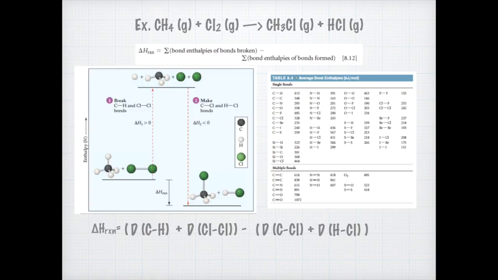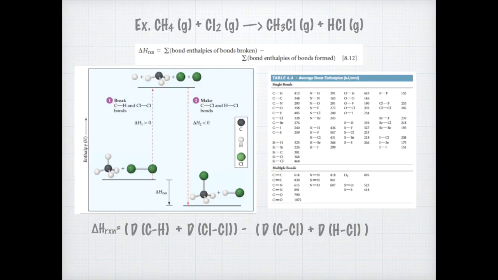So notice, guys, the hardest part here is figuring out which bonds are being broken and which ones are being formed. Once you figure that out, all you have to do is sum all of the enthalpies that are broken and subtract from that the sum of all the bonds that are formed.